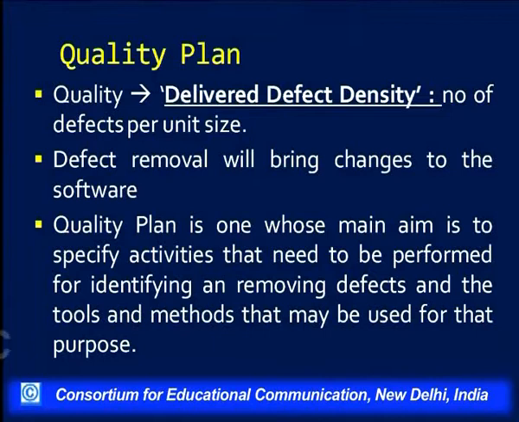Basically, a defect is anything in the software which is not as per the requirements of the user. Anything which the system is doing that was not specified by the user is a defect. So how many defects are delivered will decide the quality.